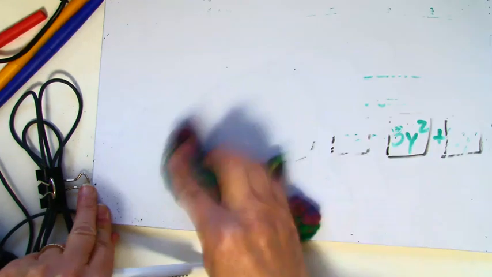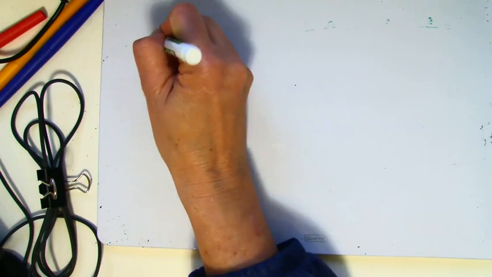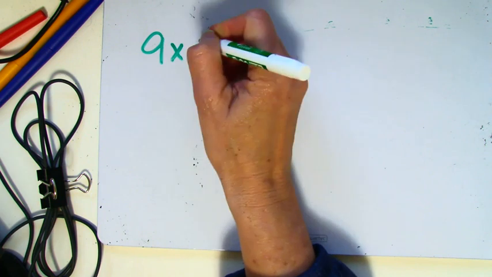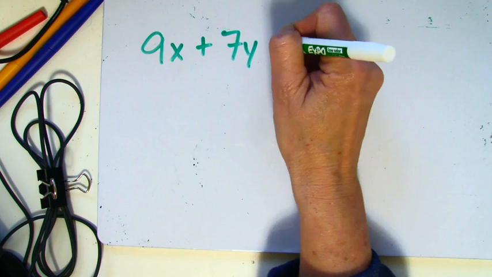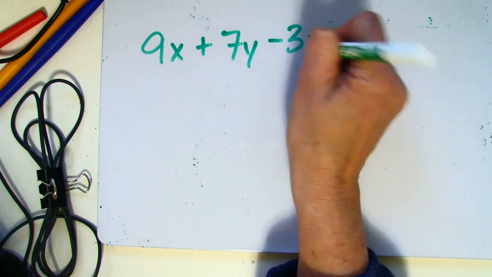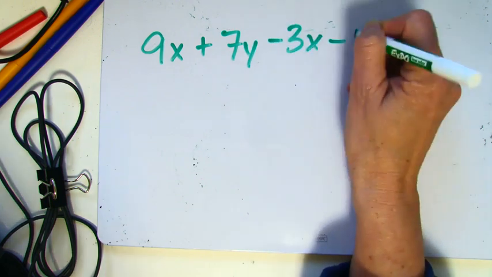Let's look at a few more examples. Here we have 9x plus 7y minus 3x minus 4y.